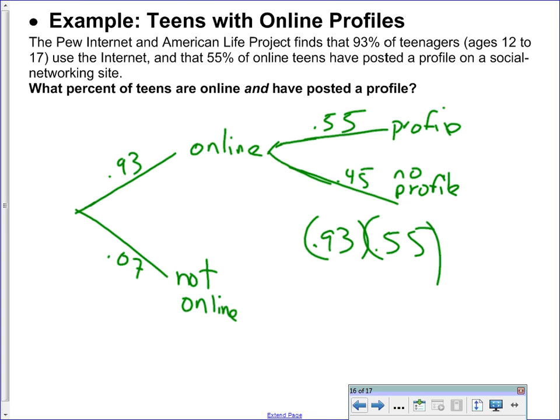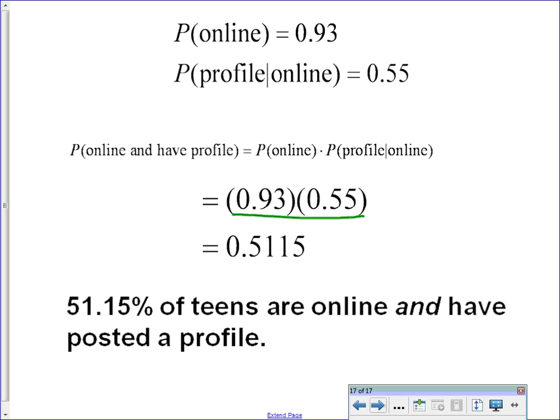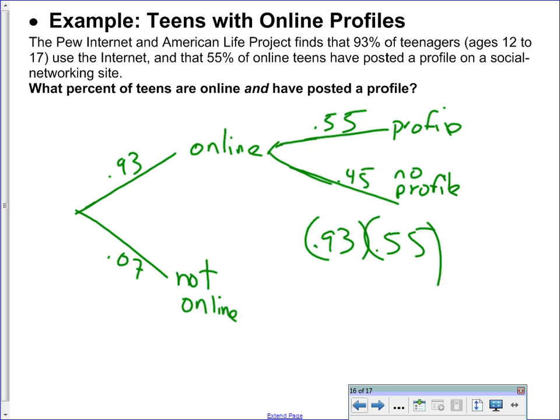And they do it using the rules, where we will do much better on our own using the tree. The tree will set you free. And so we would say this is 0.5115.